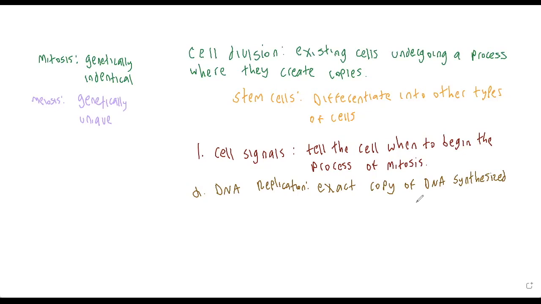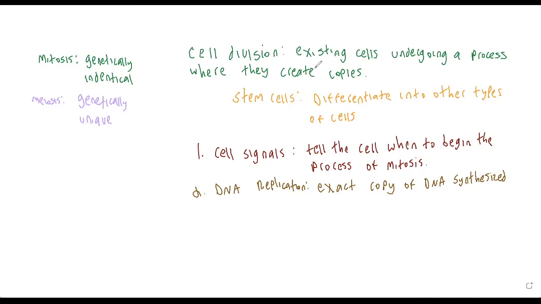What happens is that you have enzymes in the nucleus that will read the DNA, and they'll use that thing that you read about in chapter 4. They'll use the concept of complementary base pairs to build a new exact copy of that DNA molecule. Because the point, of course, is that one cell that's undergoing mitosis needs to divide into 2. And for that to happen, you're going to need DNA, a copy for each cell.